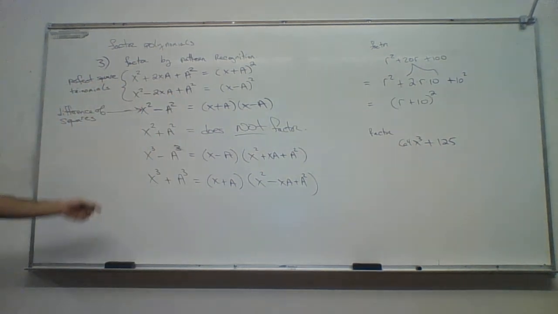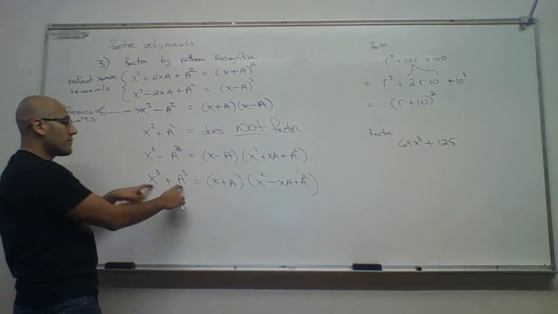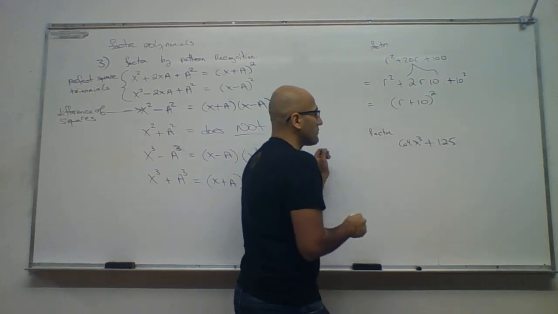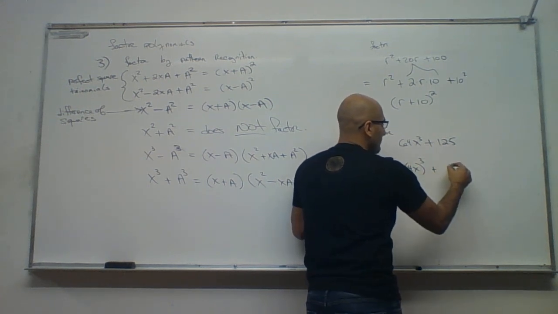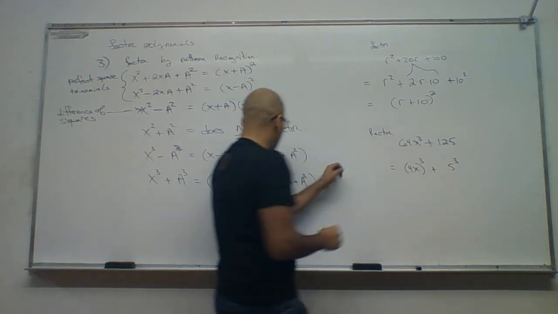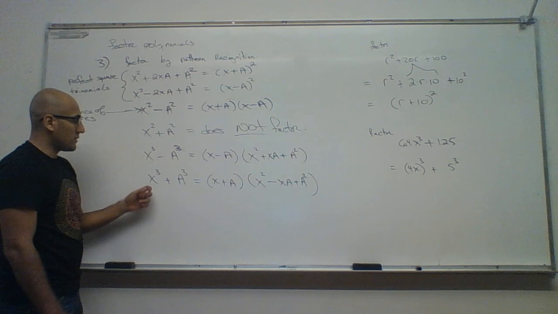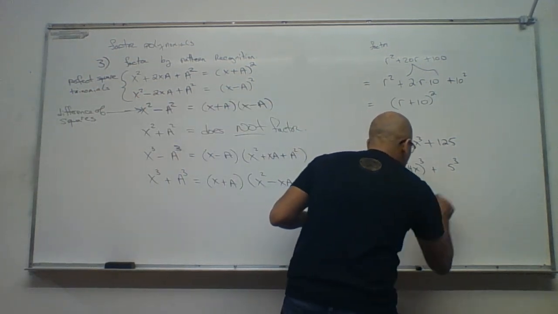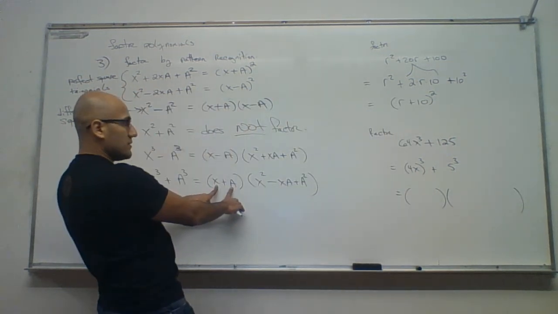Next, we go through our patterns, and it's got a chance of maybe being like this one, right? Maybe I can rewrite it like that. If I can do that, then that means that I can rewrite the 64 as something cubed. Yeah, that's 4, right? So this would be 4x cubed plus, and this is 5 cubed. So I can rewrite it as something cubed plus something cubed. It fits my pattern. It's going to be a little multiplication of 2 binomials, where the first one is these two things.